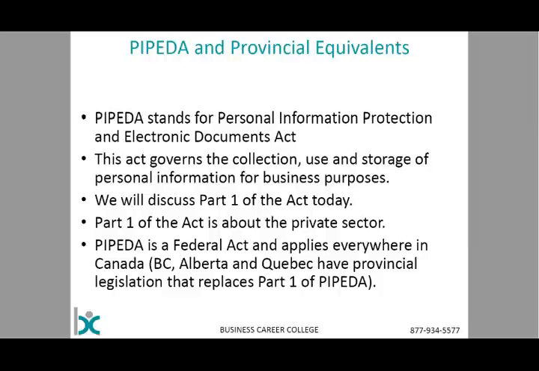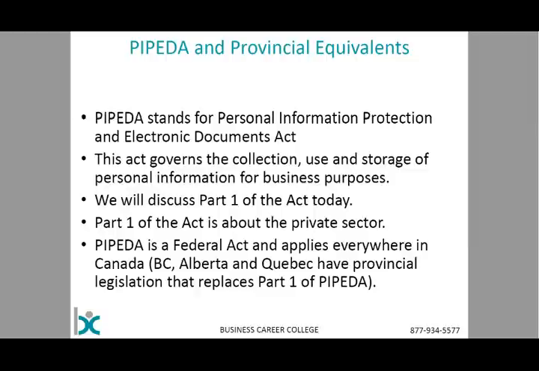We're going to specifically be focusing on Part 1 of PIPA. Part 1 is the part that refers to agencies that are in the private sector. So PIPA is a federal act, which means it was passed by the Government of Canada, and it applies everywhere in Canada. However, there are certain provinces that have passed acts similar to PIPA, including BC, Alberta, and Quebec.